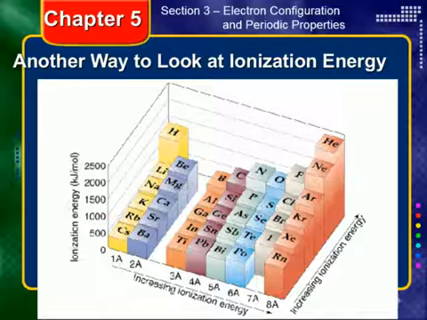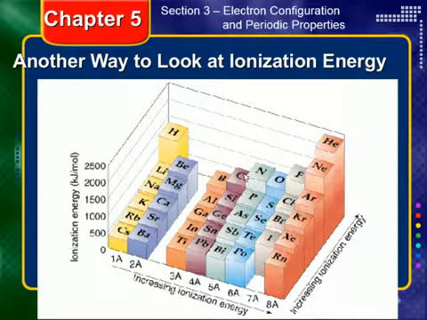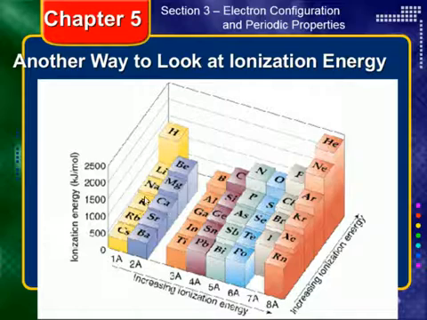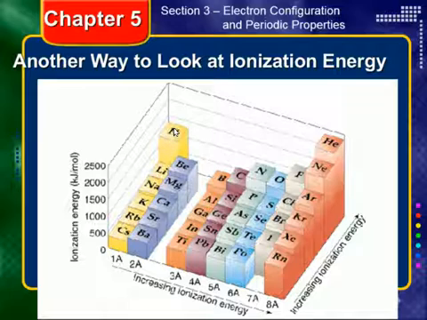Here's another way of looking at ionization energy. If this makes more sense to you, getting a little bit three-dimensional in our representation. First ionization energy, the taller the column, the larger the ionization energy is. And so we see that as we start with group 1, 1A, the main group 1. If we start up at the top with hydrogen, we see medium high ionization energy.